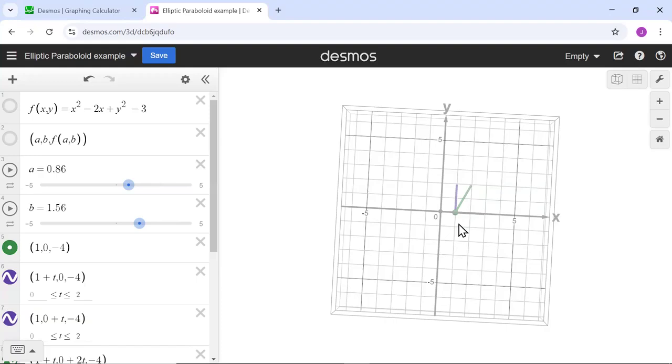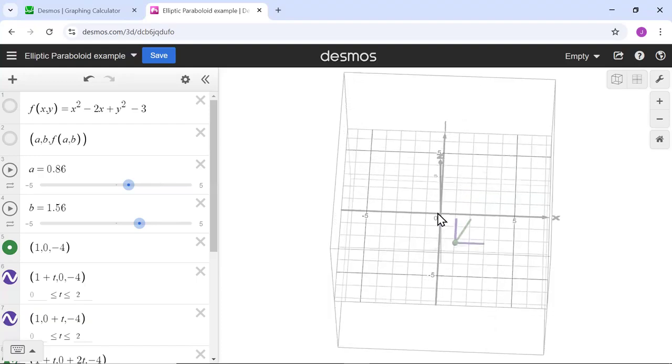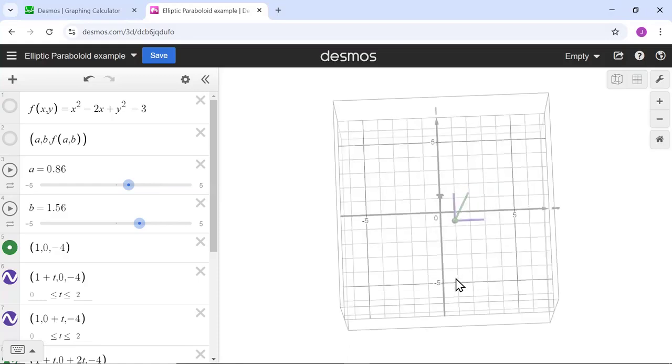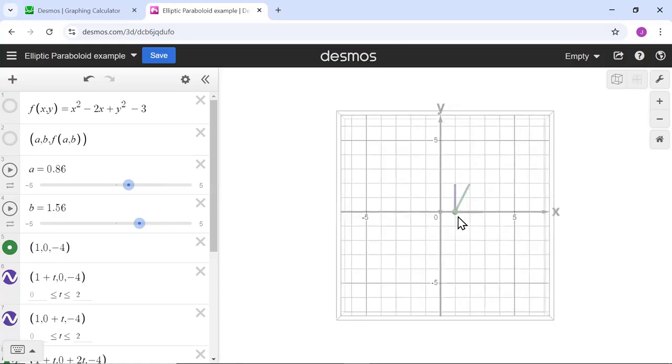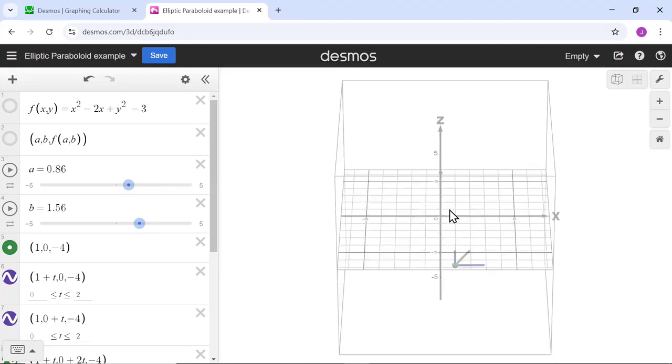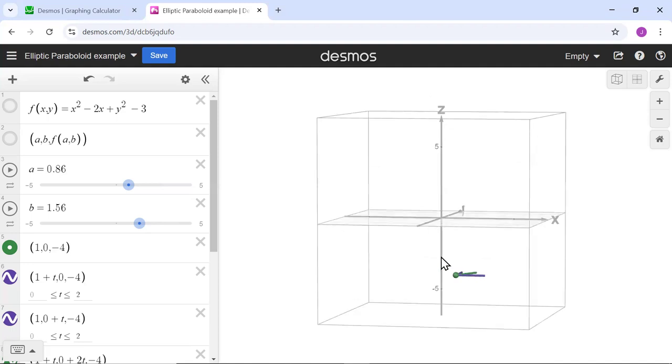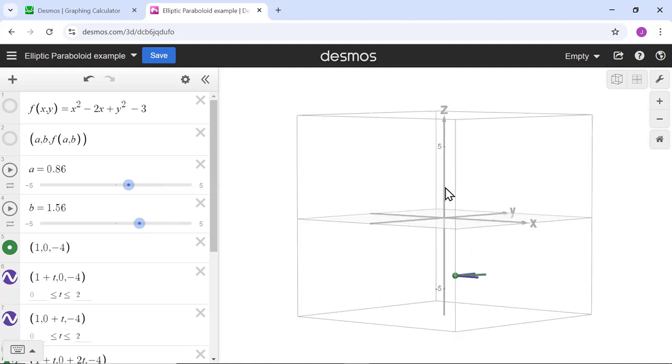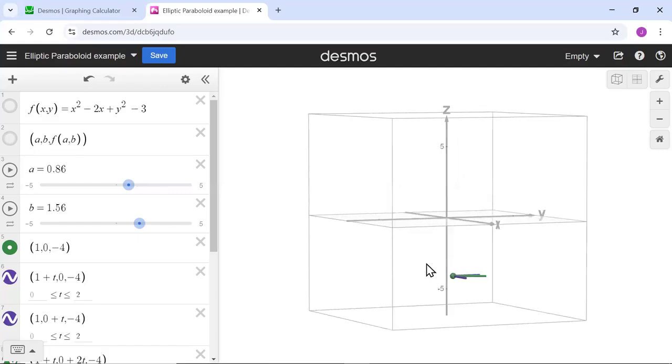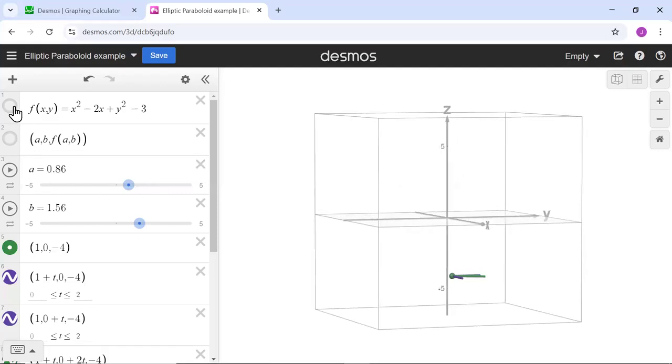And so in the xy plane, as you look straight down, it's going in the 1, 2 direction. And you're saying, well, how much change in the z direction are we moving? What's the slope of z?